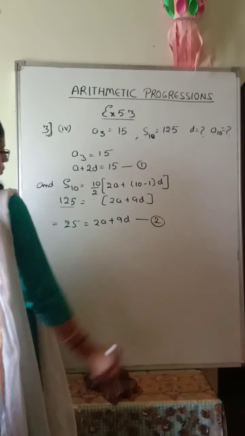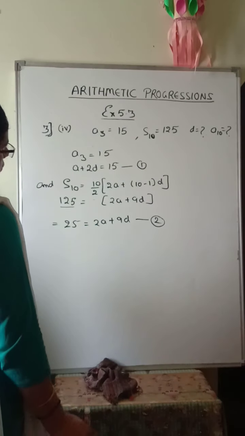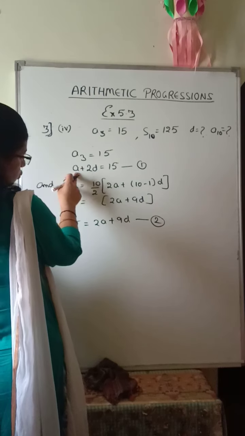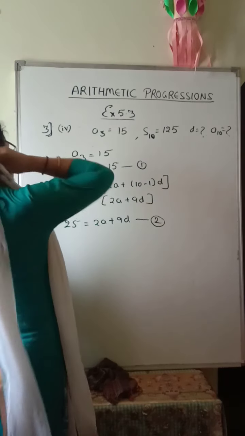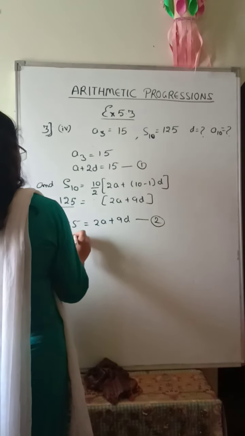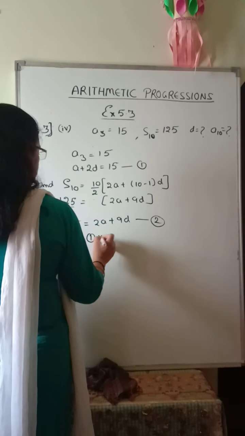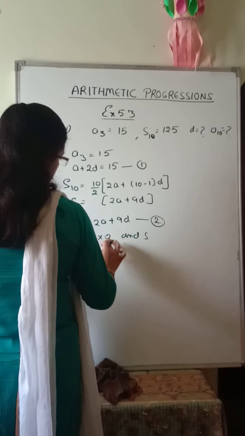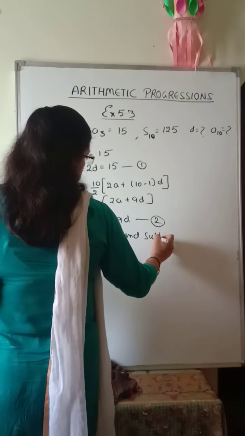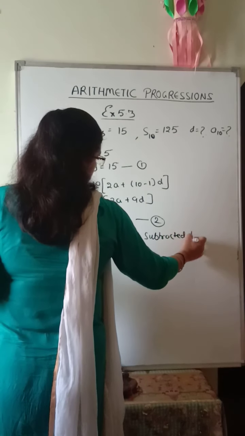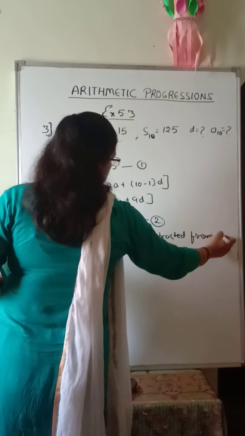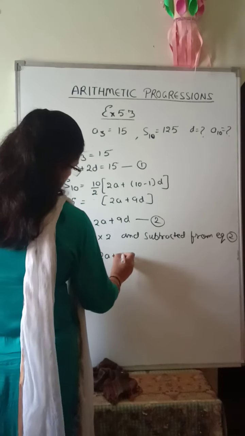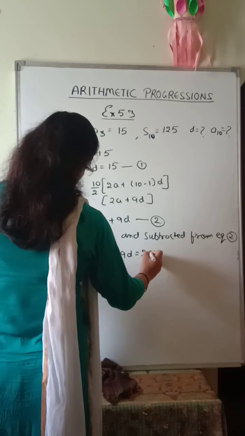Equation number 2. Now we will solve these two, multiplying equation 1 by 2 and then subtracting it from this. So first I am writing equation 2: 2A plus 9D equals 25.